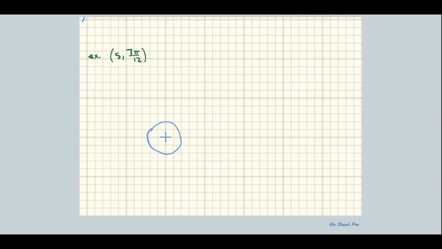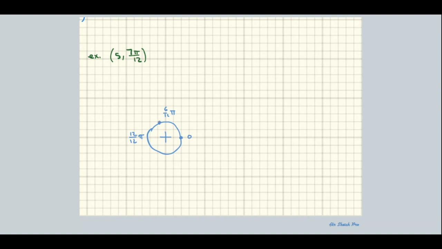Now for you guys, it's often kind of like, I can't think in radians. But remember, if you're here at 0, then over here is 12 twelfths. I picked twelfths, and that gives me an idea. So here's 6 twelfths. And 7 twelfths is going to be 1/12 past that, like 15 degrees.